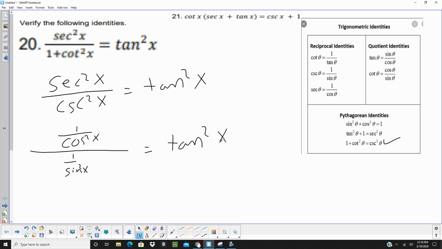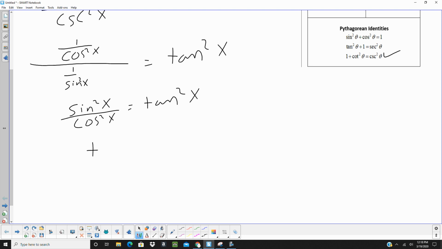You multiply by the reciprocal, and I would end up with sine squared x over cosine squared x equals tangent squared x, which is going to give me tangent squared x equals tangent squared x. All right, let's do our last one.